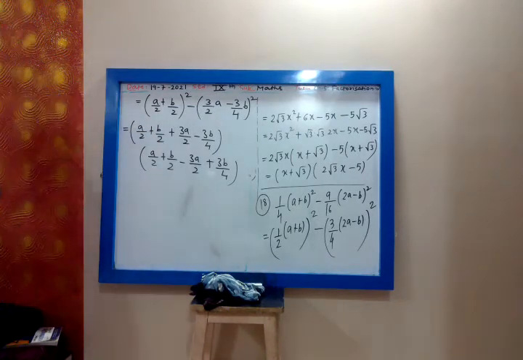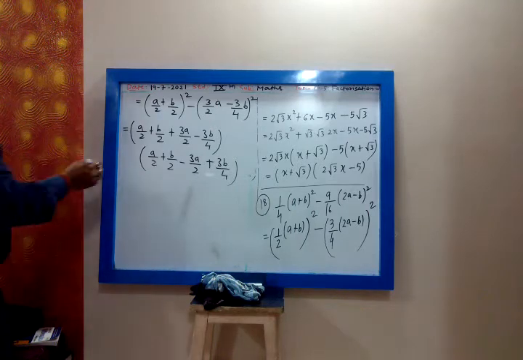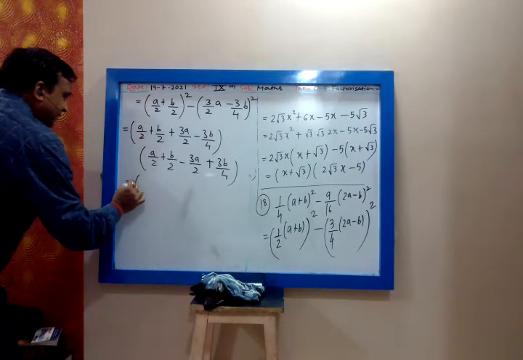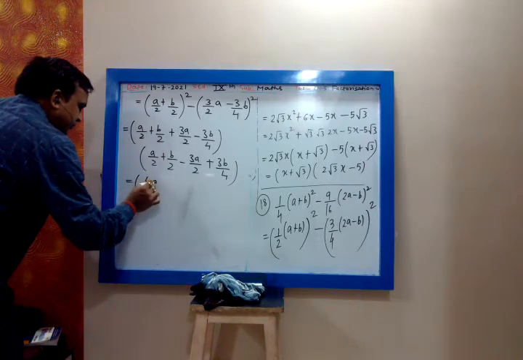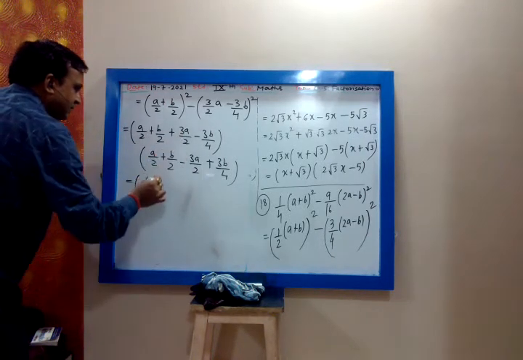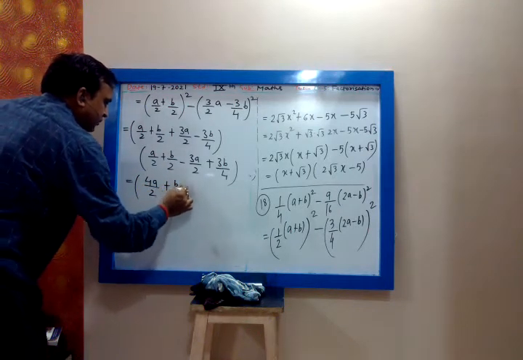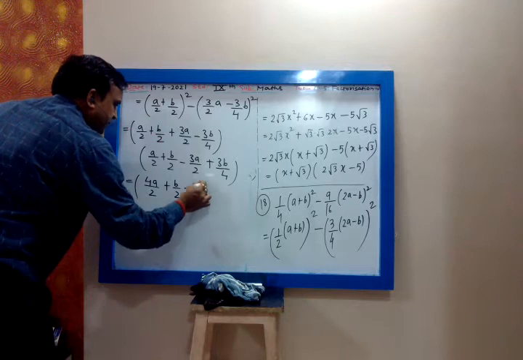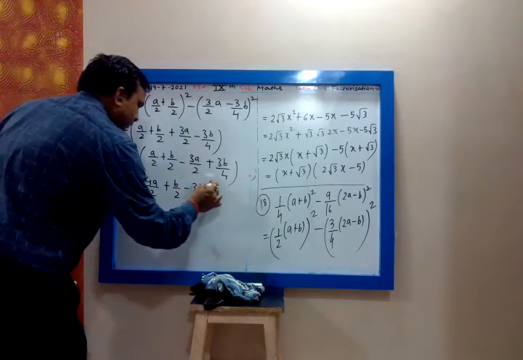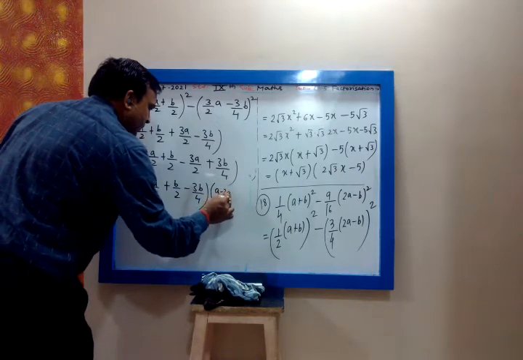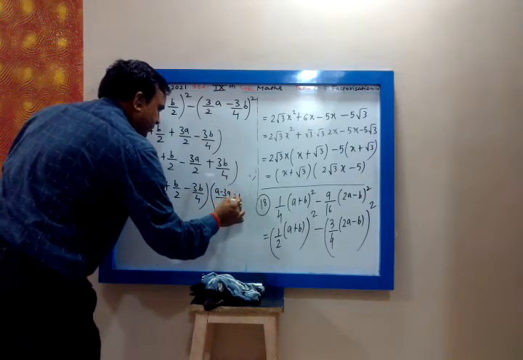A by 2 plus 3a by 2, what will it be? 4a by 2. So a by 2 plus 3a by 2 will be 4a by 2. Then b by 2 minus 3b by 4. Then a by 2 minus 3a by 2, plus b by 2 plus 3b by 4.